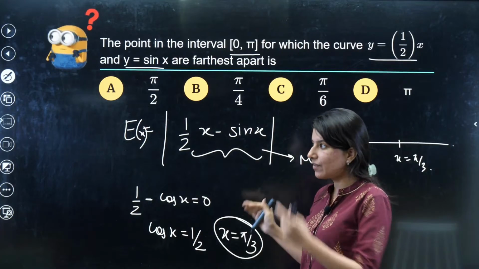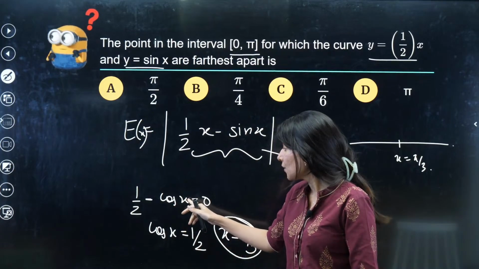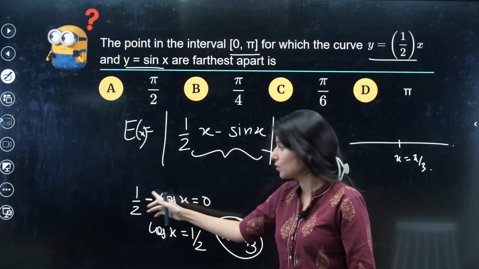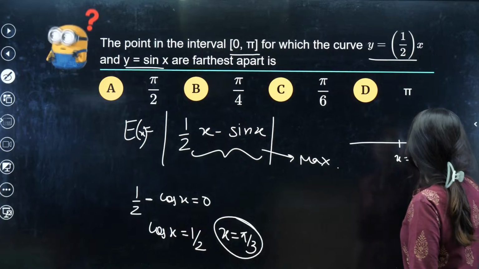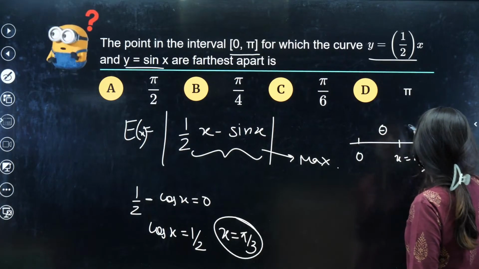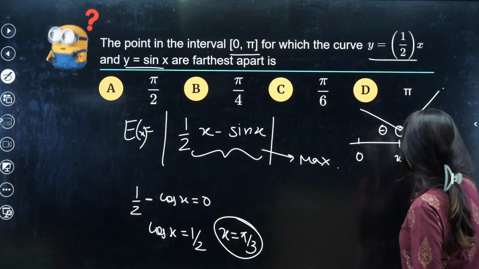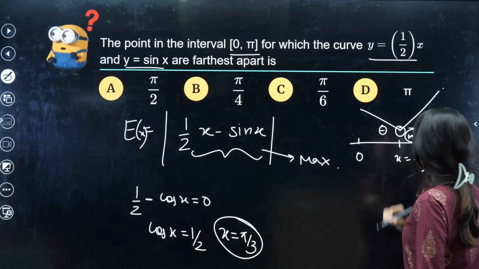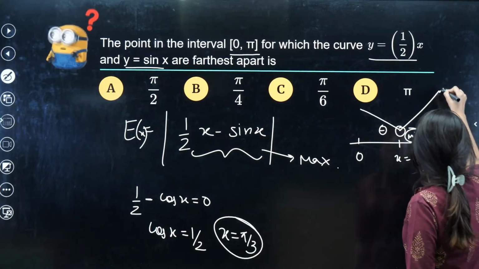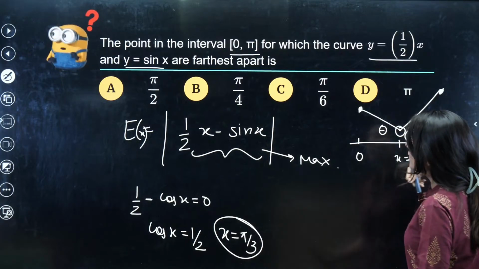If I put a value greater than pi by 3, I am going to get positive, because cos 90 degrees is 0. So that means positive and negative. This is 0, this is pi. So the graph is increasing and then it is decreasing. So here I am going to get a minimum value. And at x equals pi and 0, I can get the extreme values.